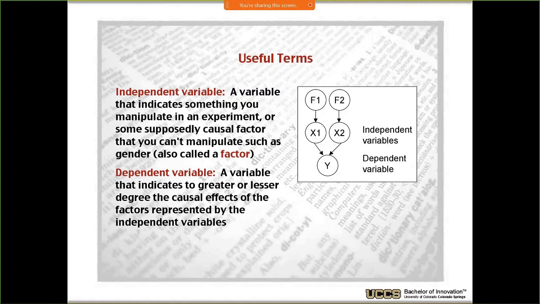I can only partition my data, which is an important thing from a factor point of view. Independent variables, I really get to choose them. And then I can talk about dependent variables. They indicate some form of dependence of a causal effect on factors representing independent variables. So this is a classic kind of drawing for.